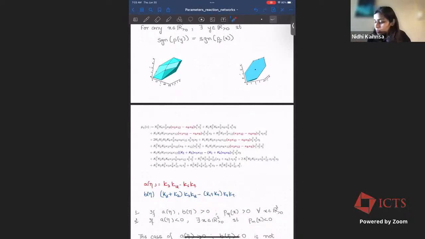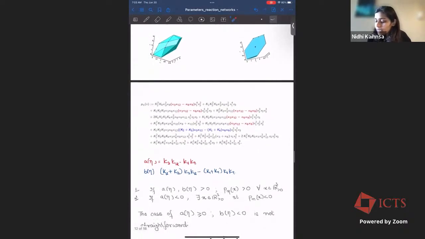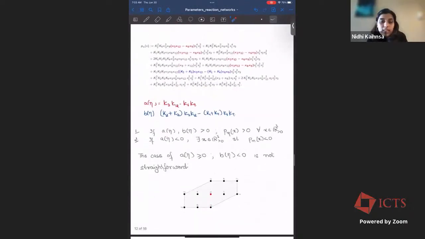Okay, now the case which remains is when A eta is positive and B eta is negative. And this one is not so straightforward. In that case, we are not interested in the entire three-dimensional Newton polytope, because that point is only supported in a two-dimensional face. We are only interested in analyzing a two-dimensional polytope. This is what it looks like.